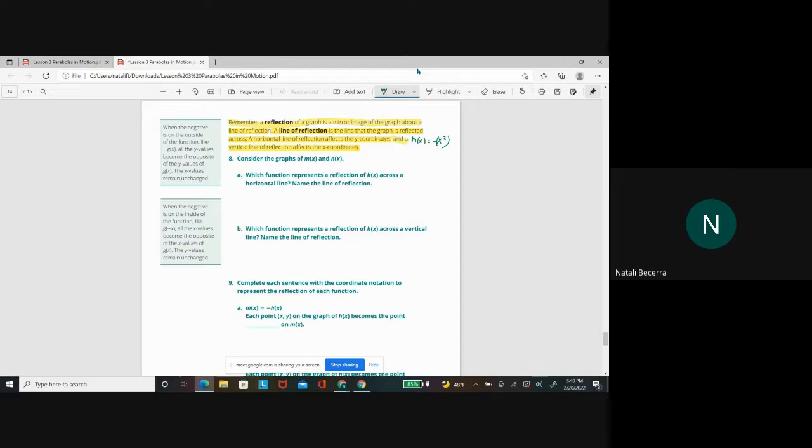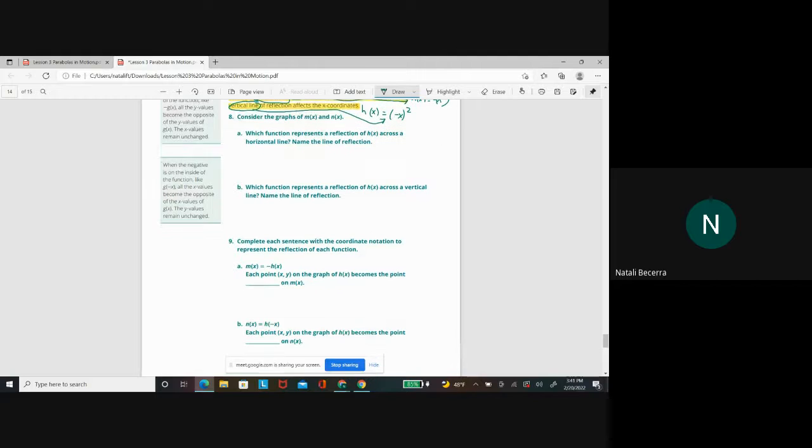A vertical line reflection is whenever you have, for example, h of x equals negative x squared, and the negative sign is inside of the parentheses. So for a horizontal line, this is what it's going to look like. The negative is going to be outside the parentheses, and then for a vertical line reflection, the negative is going to be inside the parentheses like this one. All right.